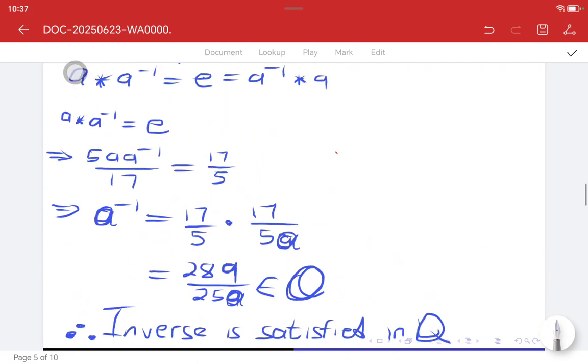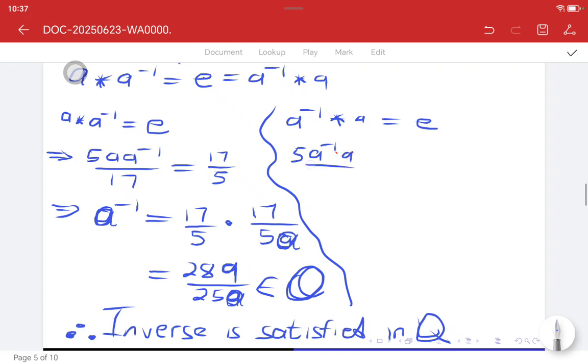Why am I saying that? Remember, before I could decide this is satisfied, I should also check the other side, which is A star A, which is equal to E. And when we check this, we find that this is 5 A inverse A. This is multiplication, but I believe that multiplication in Q is the same.